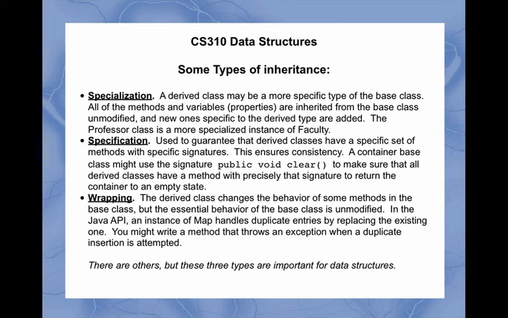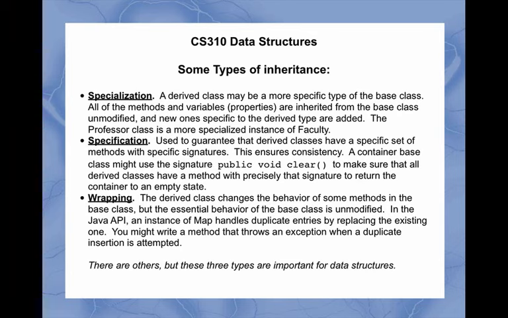So we might have this in a data structure superclass that has the signature public void clear. And having this method is used to ensure that all derived classes have precisely that signature to return the container to an empty state. Thus, it enforces consistency. All child classes will need to have a clear method or use the parent method.